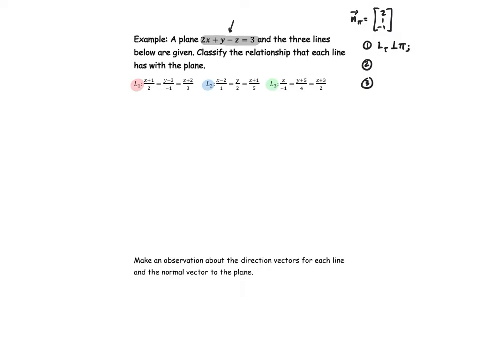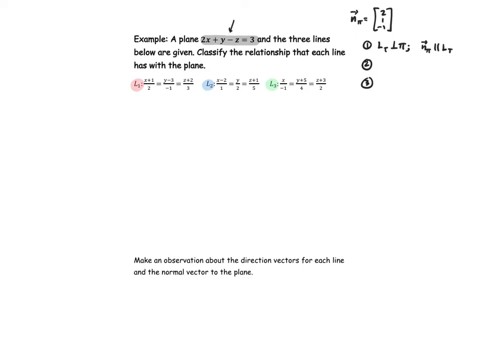So what would have to be true for our line to be perpendicular to our plane? What would need to be true is that the normal of pi is parallel to our line. So if the normal of pi is parallel to our line L1, L2, or L3, then the plane and the line are perpendicular to each other.